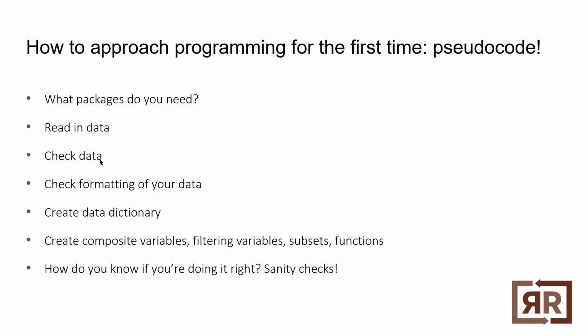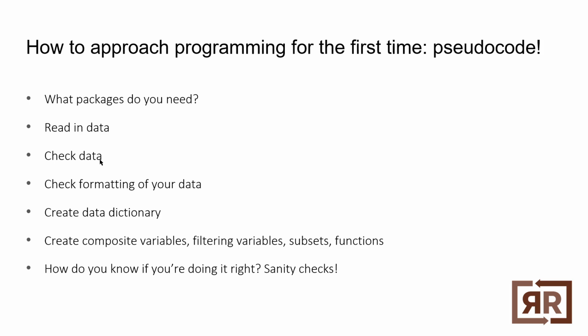And one of the biggest concerns that I've heard and I also encounter is, how do you know if what you're doing is actually doing what you want it to do? And that's why you're going to do a lot of sanity checks whenever you're working with data. So whether that means visualizing it every step that you take, or just double checking that the first couple of rows look like what you want it to look like.